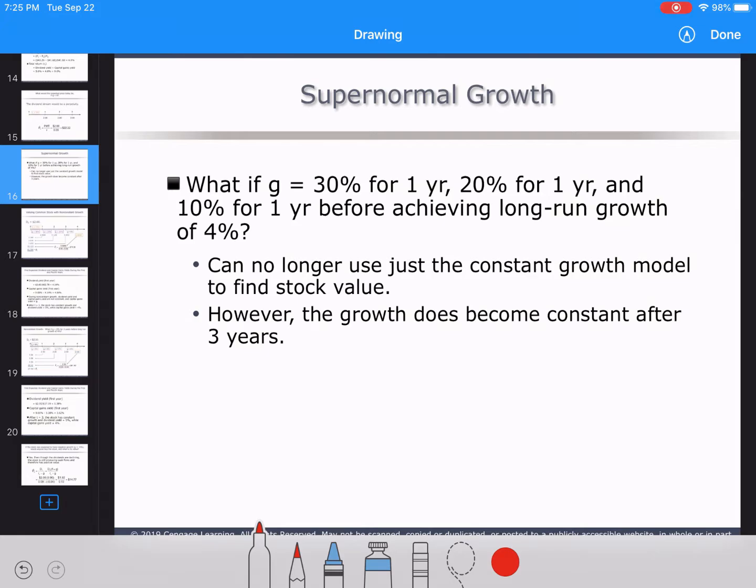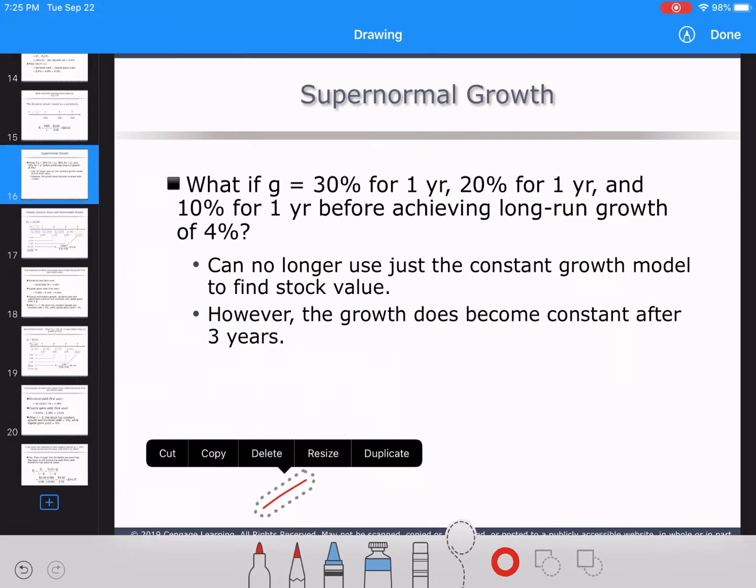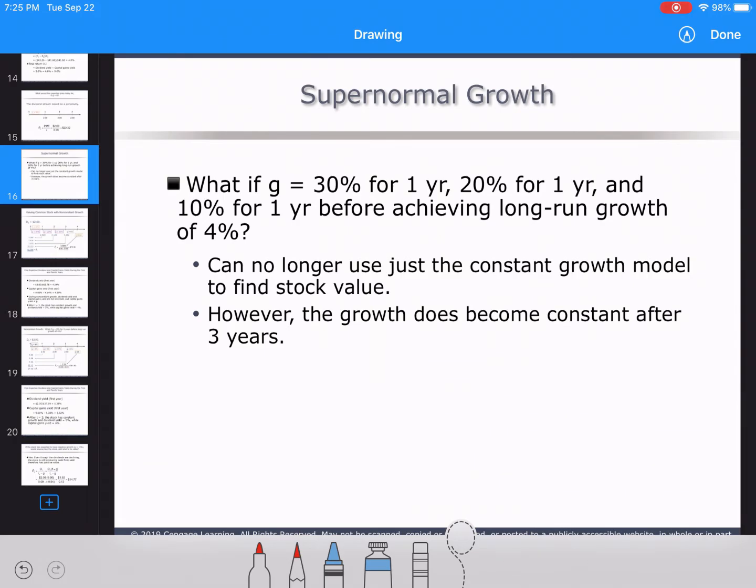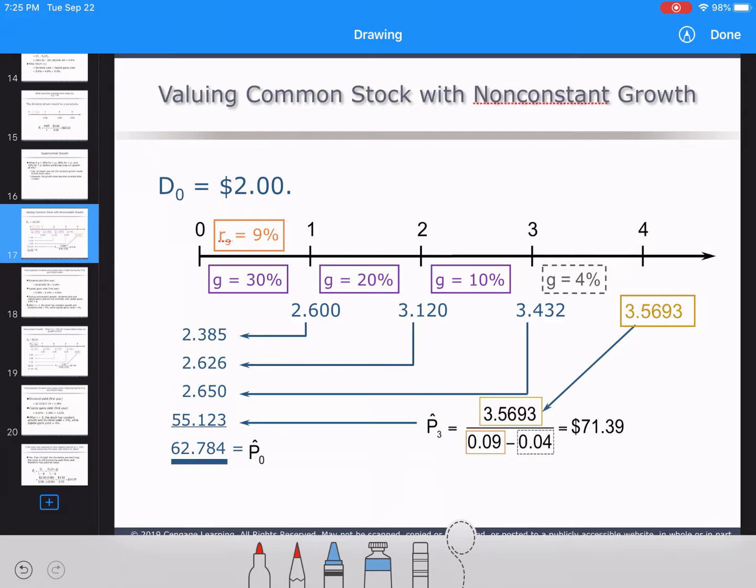Then supernormal growth is when growth is happening not at a constant rate but at a variable rate. So an example is here. Look, from 0 to 1, it is growing at 30%. From 1 to 2, it is growing at 20%. Then from 2 to 3, it is growing at 10%.